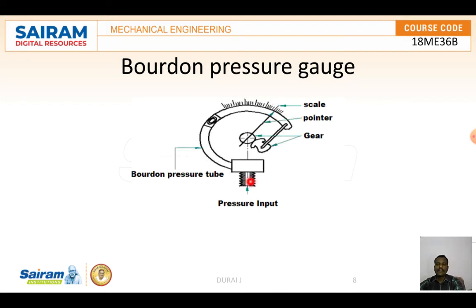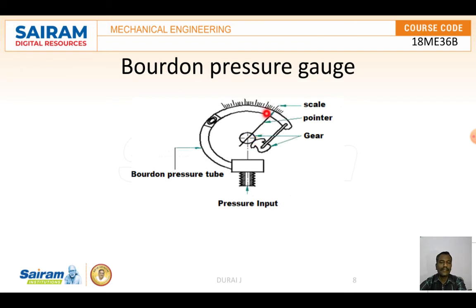This is the Bourdon pressure gauge. Whichever system we are going to measure the pressure of, the Bourdon tube is connected there. The pressure goes through and actuates the gears. The rack gear is mounted on the pinion gear, and the pinion gear is connected with the pointer.